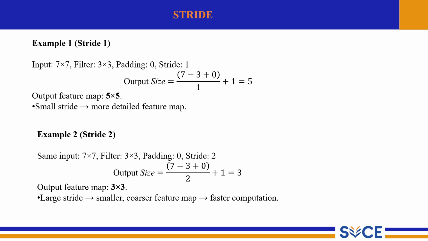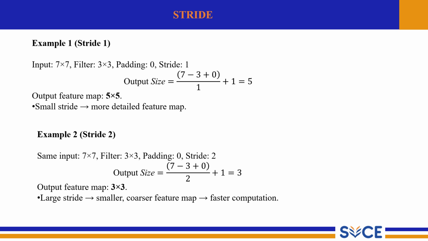Example for stride 1 and stride 2. Let's see how stride affects the output size with a simple example. Input is a 7 by 7 image, filter size is 3 by 3, padding is 0, and stride is 1. We calculate the output size using the formula: output size equals (W minus F plus 2P) divided by S, plus 1.